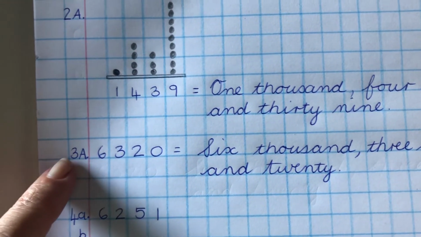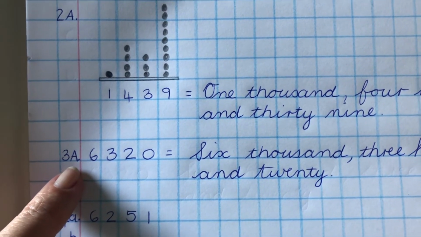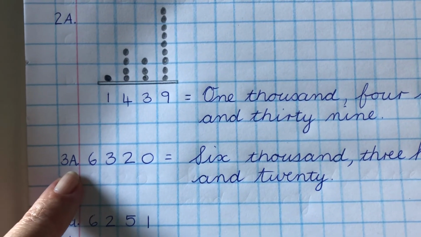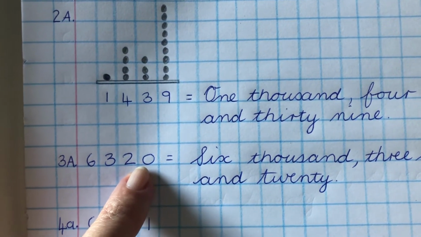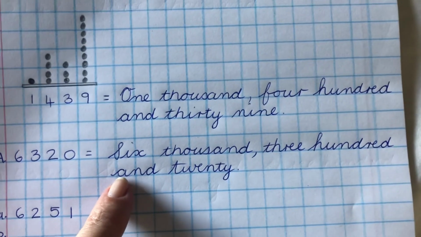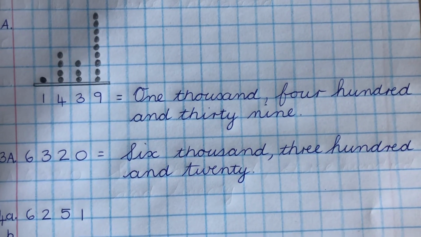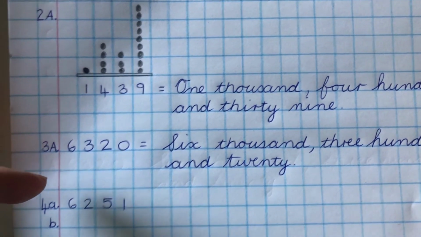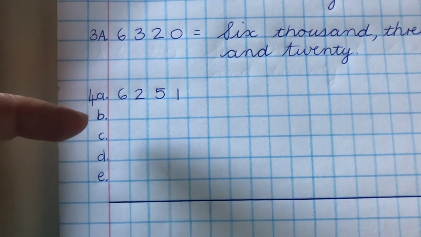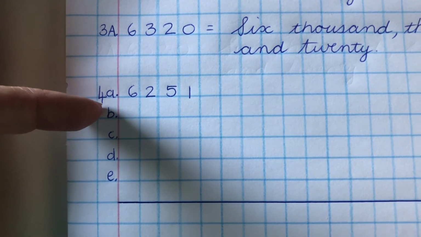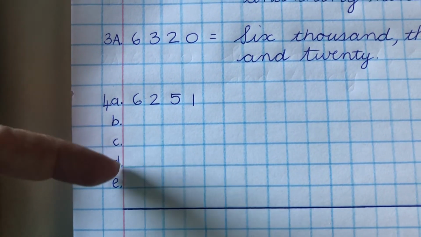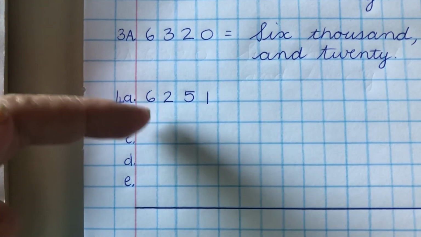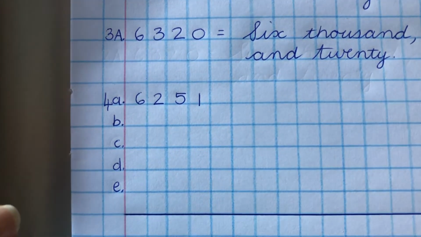Once again, number and letter in the margin. And they ask you to write the number and then write it in words again. Once you have finished all the questions in number 3, you will write number 4 in the margin, and there are 5 questions, A, B, C, D, and E, and you will write the answers next to them.